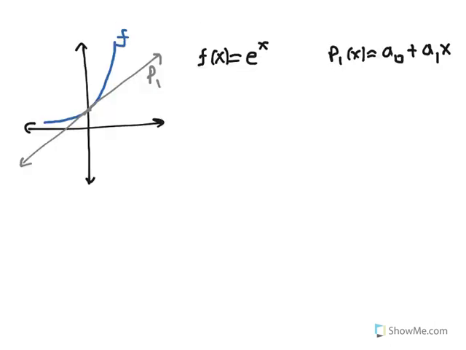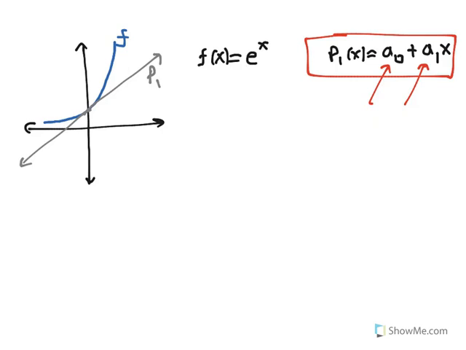So how do we get the equation for the tangent line approximating the function f of x is equal to e to the x at x is equal to 0? Our linear function can be written generally as I've done here. A naught, which is the constant term, plus a sub 1 times x. A sub 1 is the coefficient of the first degree term.